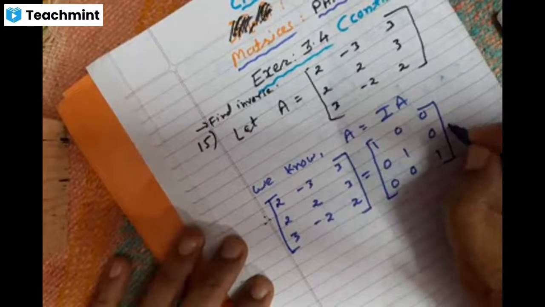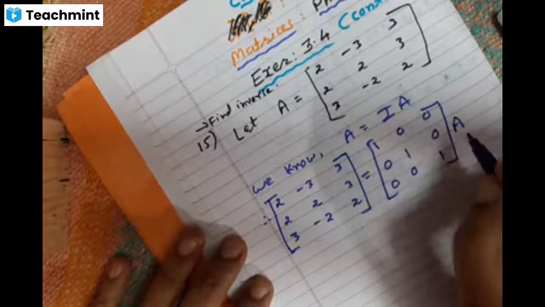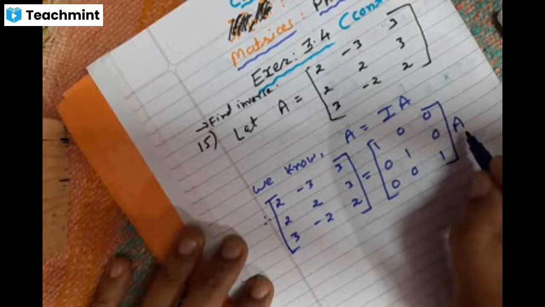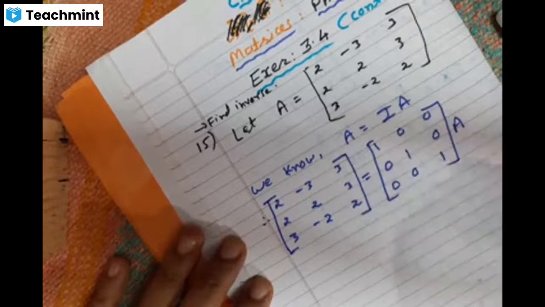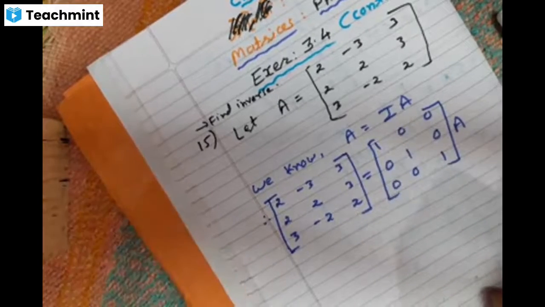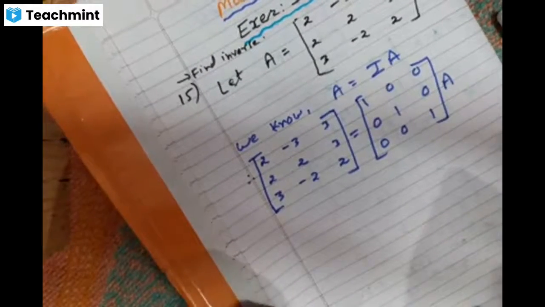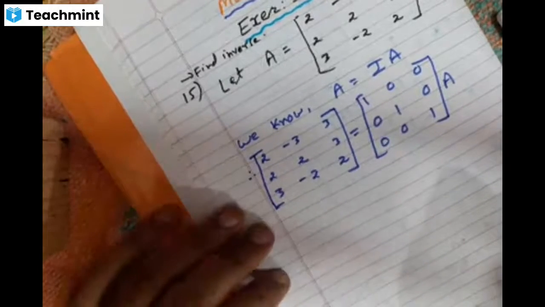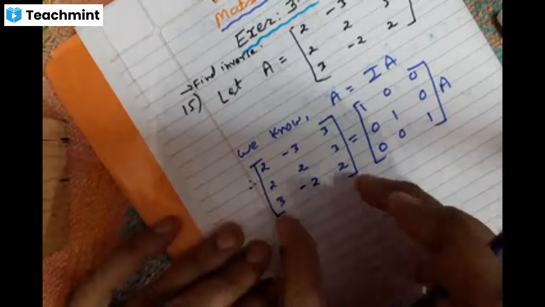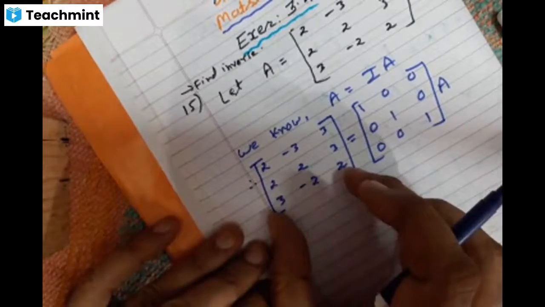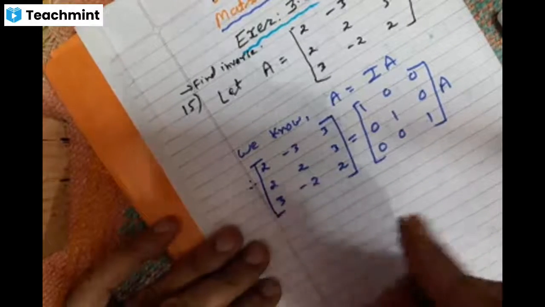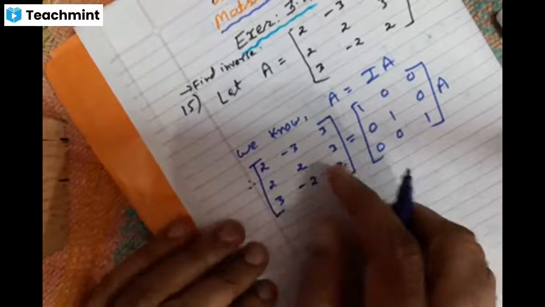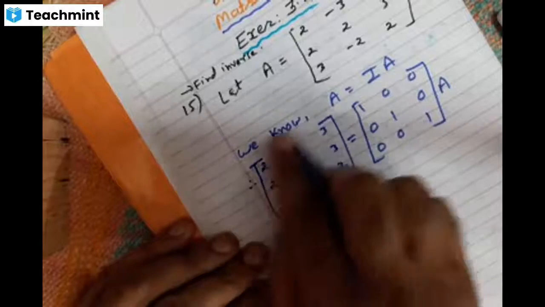And you remember this thing, that on the right hand side A, we shall put A only. Now, how to go further? As I wrote in a note in the last video, on the left hand side we have to get an identity.